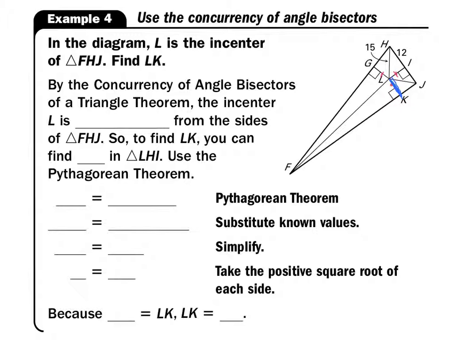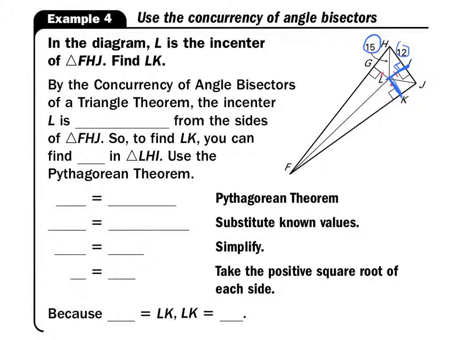Okay, now notice that I have two numbers over here. And then we also know that this is a right angle here. So I could just use the Pythagorean theorem to find this line. If I found this line, then I automatically have the other line because they're all equal.